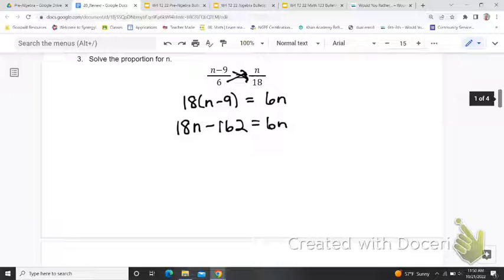Now I'm going to subtract this. I'm going to actually subtract the 18n.